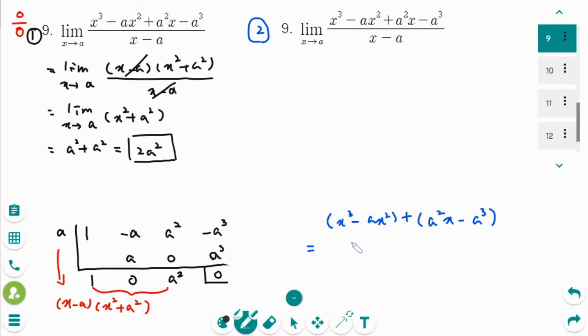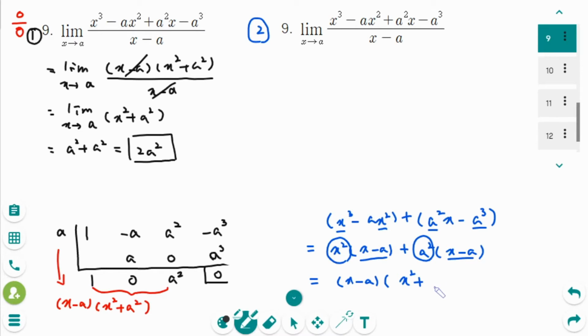Take out x squared and x minus a, and then a squared is a common factor, and x minus a. And then take out the common factor x minus a, and then the remaining factor becomes x squared plus a squared.